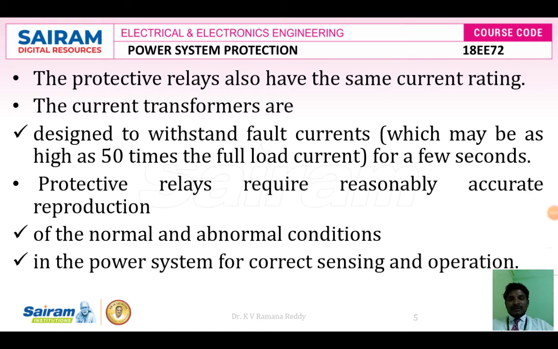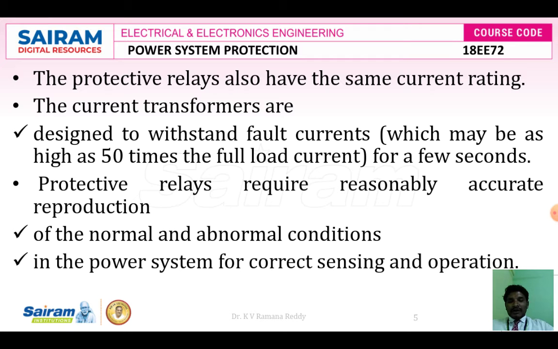The current transformers are designed to withstand fault currents like 50 times the full load currents for a time of a few seconds, because whenever a fault current is there on the transmission line, it is because of lightning strokes or short circuits, because of tree branches or other human intervention, or birds or animals, whatever it may be.